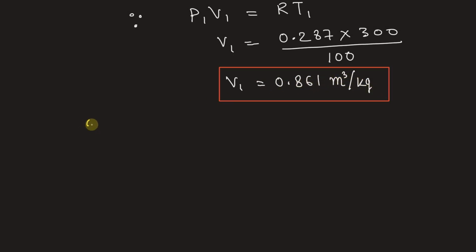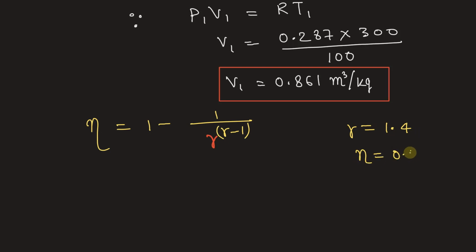From efficiency, we know the efficiency of Otto cycle is given by 1 minus 1 upon r, that is the compression ratio, to the power of gamma minus 1. The value of gamma mentioned in the problem is 1.4, and eta is also given, that is 0.5. So from here we can get the value of r. The compression ratio r will be equal to 5.65.